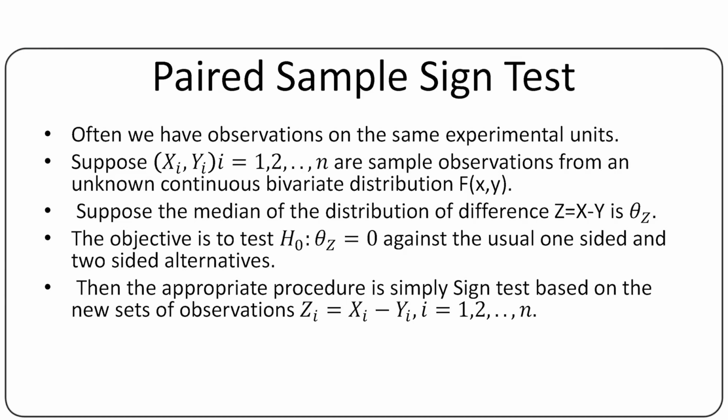Thus, statements about theta Z give information about the relative locations of the marginal distributions. Then the appropriate procedure is simply the sign test based on the new set of observations Zi equal to Xi minus Yi, i equal to 1 up to n. Such a procedure based on paired data is known as a paired sample sign test.